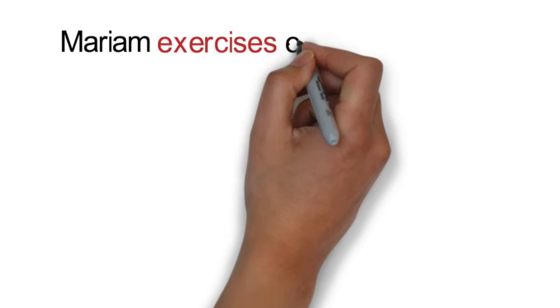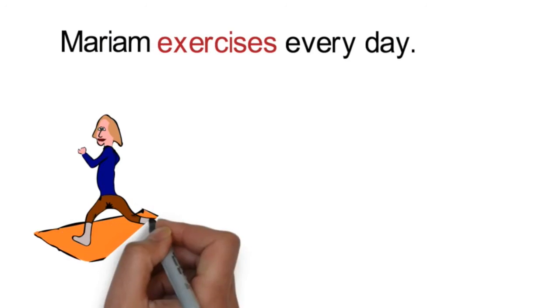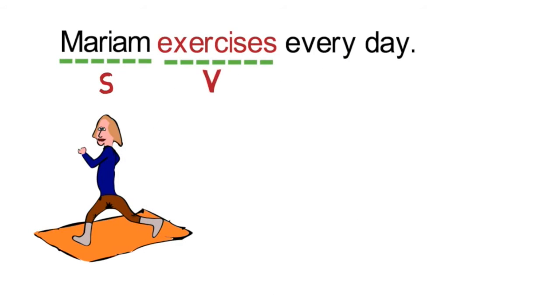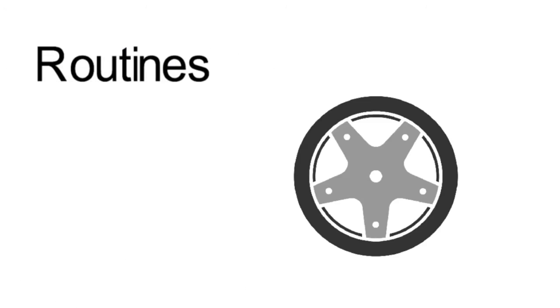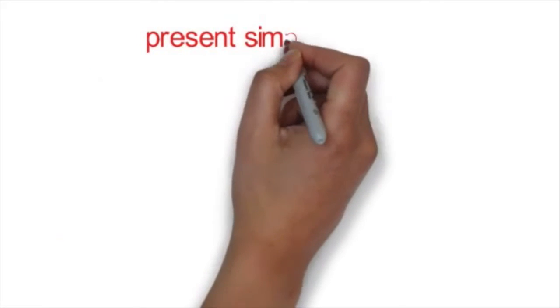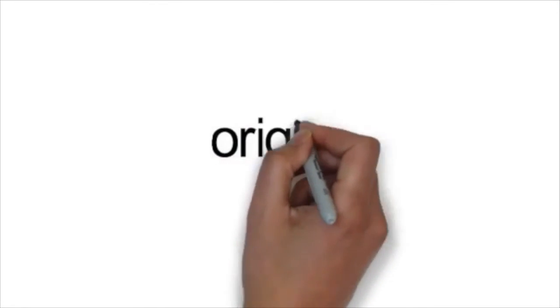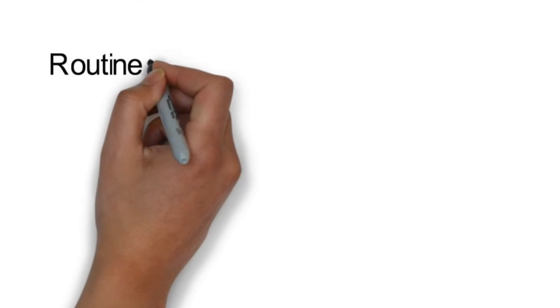Miriam exercises every day. The subject is Miriam, and the verb is exercises. Both of these sentences show actions that are routines, things that are repeated again and again. So to sum up, we use the present simple tense to talk about facts, origins, and routines or habits.